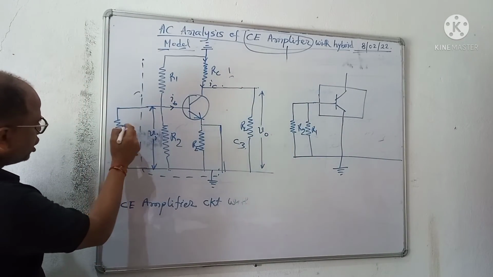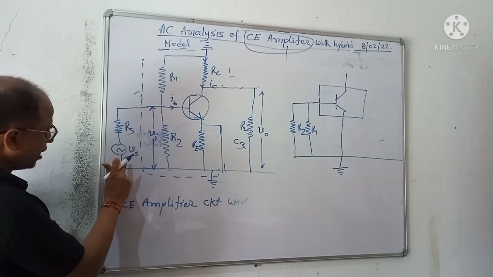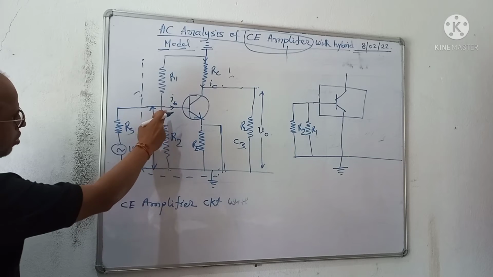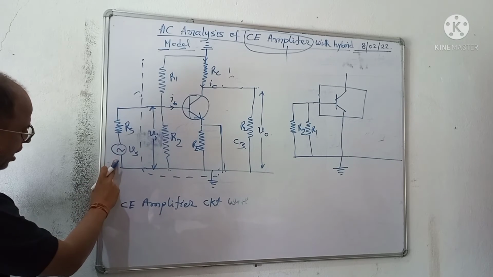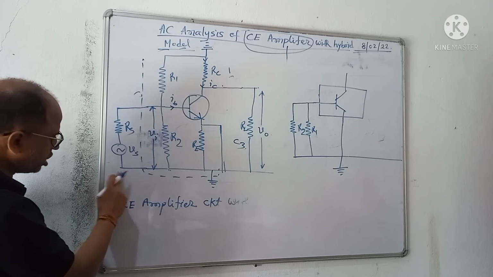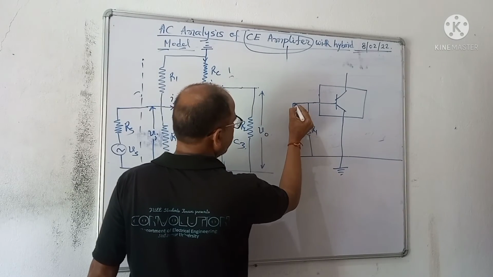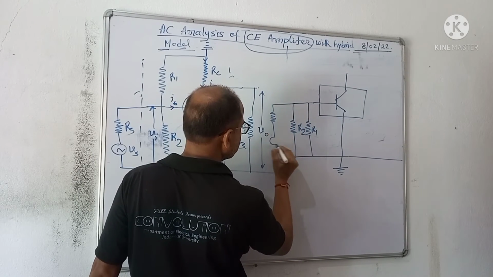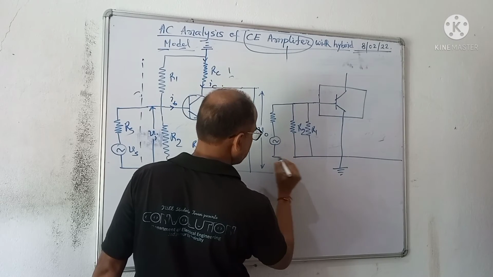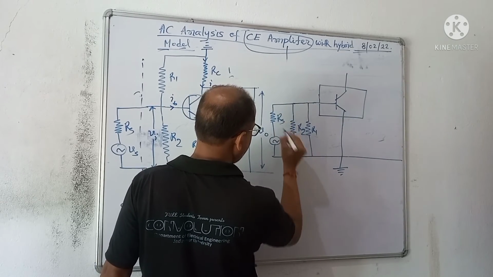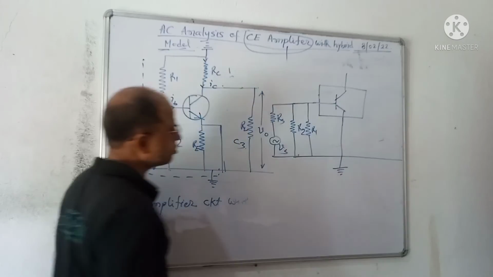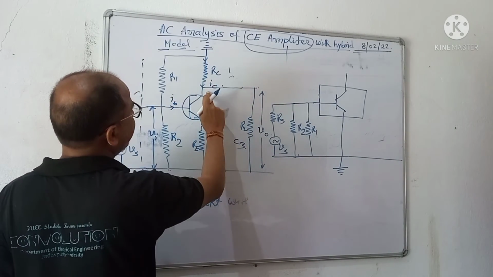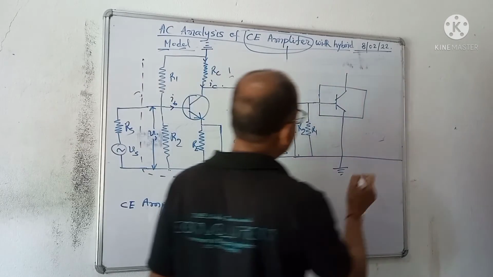Next, this is your RS and this is VS. RS is between the base and the ground through the signal. RC is between the collector and the ground.